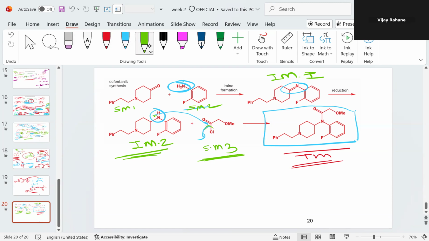If you want to analyze where the disconnections occur in this final molecule, this came from one part, this from another part. Three different starting materials were involved, and we did a stepwise synthesis: the imine formation followed by the reduction, which is basically a functional group interconversion. That step we did here.